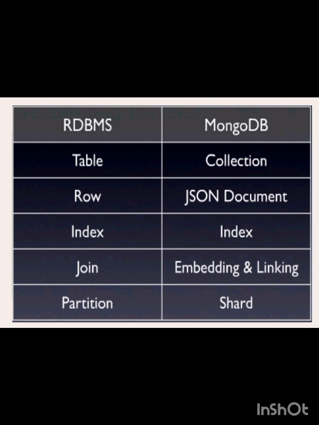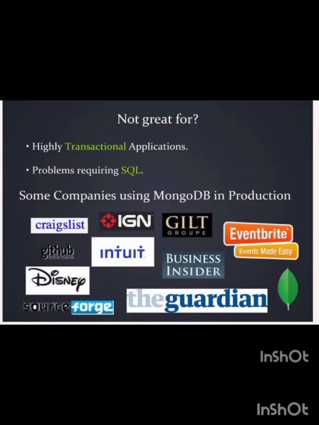We use joins in RDBMS, and we use embedding and linking in MongoDB. We use partitions in RDBMS and shards in MongoDB. So this is the overview of the difference between RDBMS and MongoDB. Moving on to the next slide.